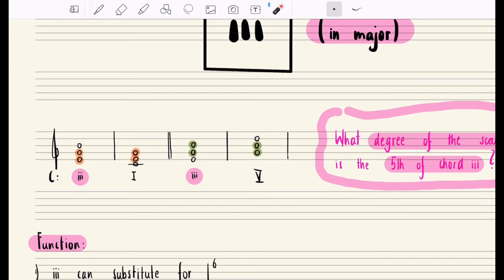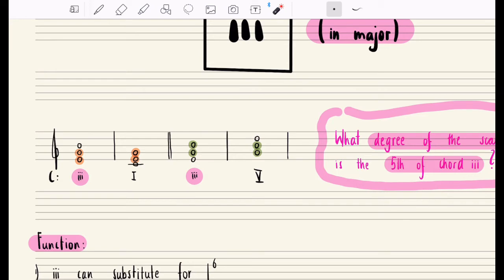And that is true also for chords 3 and 5. They also share two tones. And you're going to later see, when we start talking about what the function of chord 3 is, that this quality of chord 3 sharing two tones with other chords is going to prove useful.